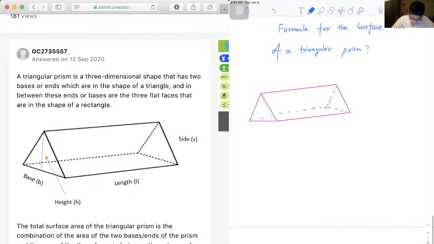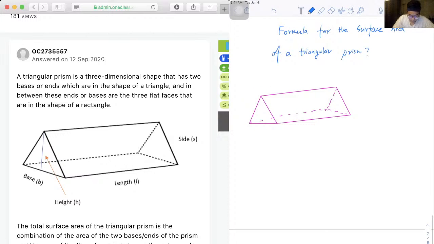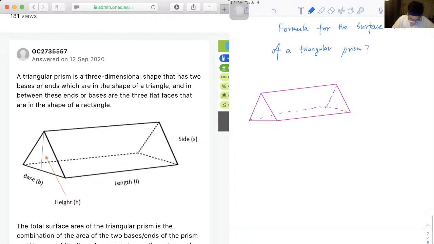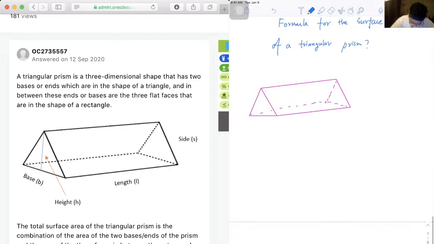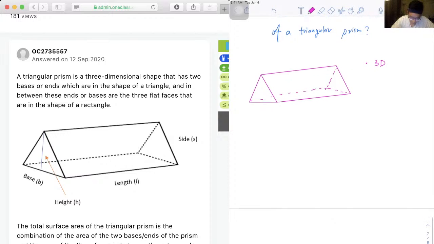And let's just write down the keywords of the definition of a triangular prism. So a triangular prism is a three-dimensional shape that has two bases, or ends, which are in the shape of a triangle.